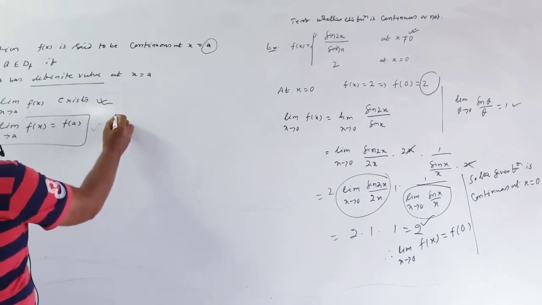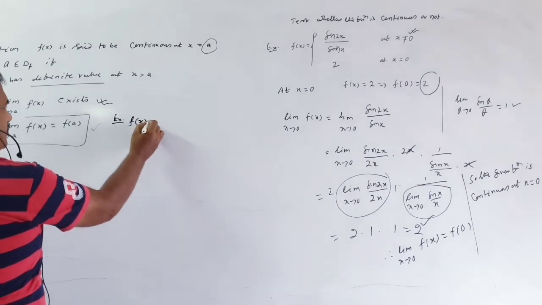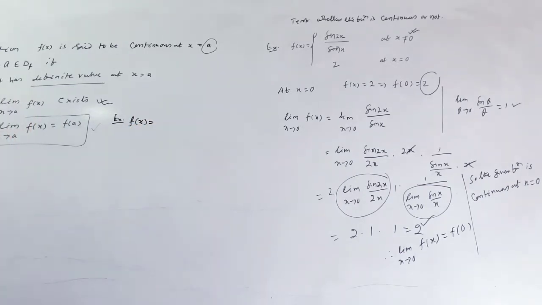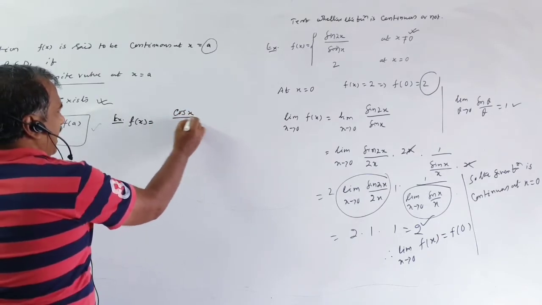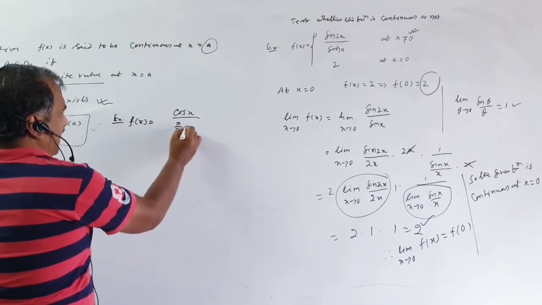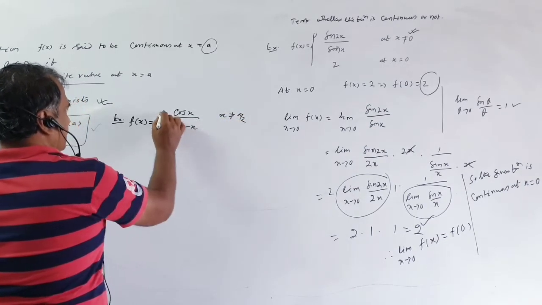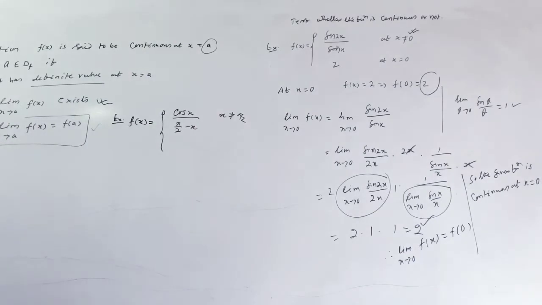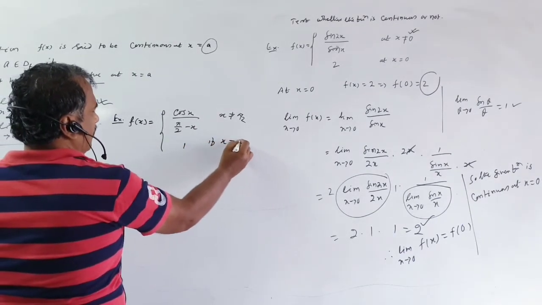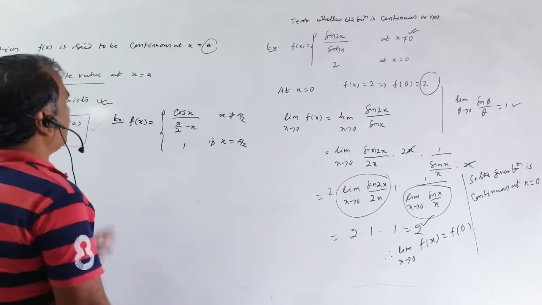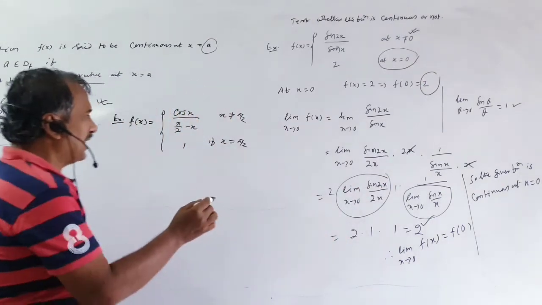Next example, let us say f of x equal to cos x by pi by 2 minus x, x is not equal to pi by 2, and the second one is 1 if x equal to pi by 2.